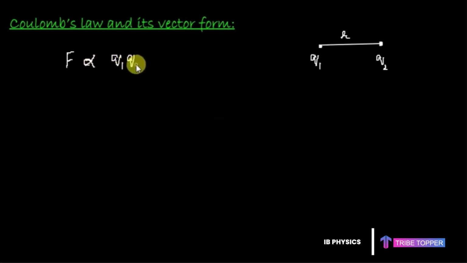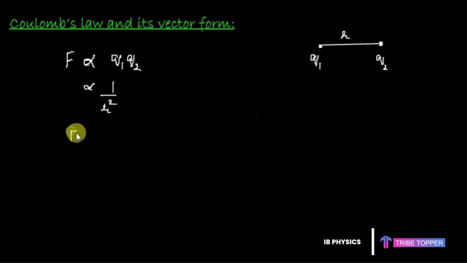Coulomb's law states that the force between two charges, whether attractive or repulsive, is directly proportional to the product of charges, and inversely proportional to the square of the distance between them.